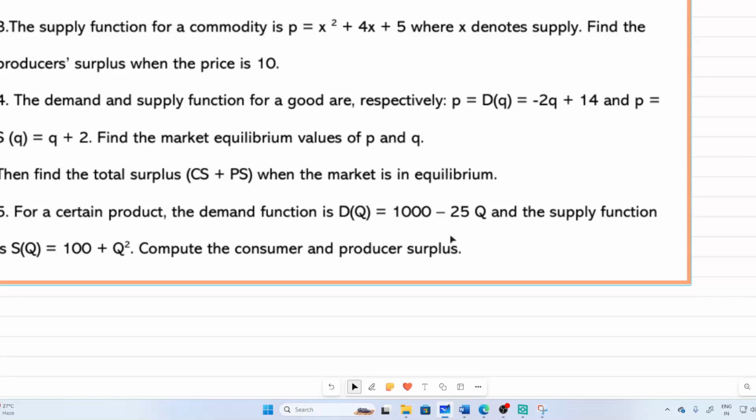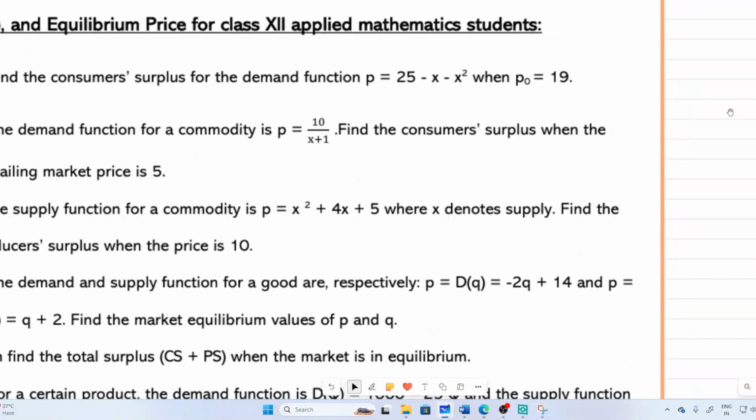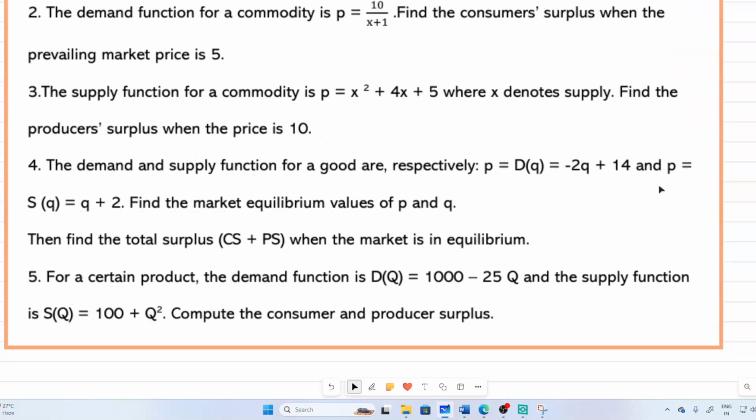I will solve them for you, but let us solve one sum of this kind first. This number 1, consumer surplus. This is actually a type, that's why I cannot solve only difficult sums.